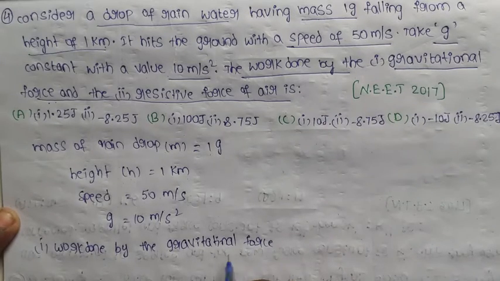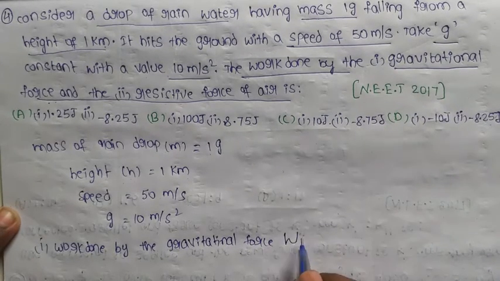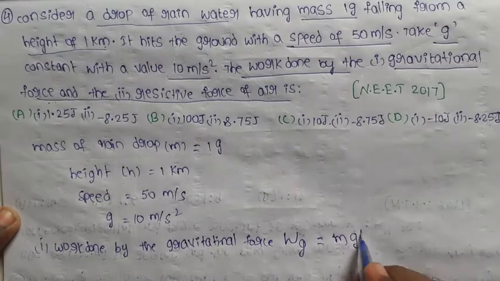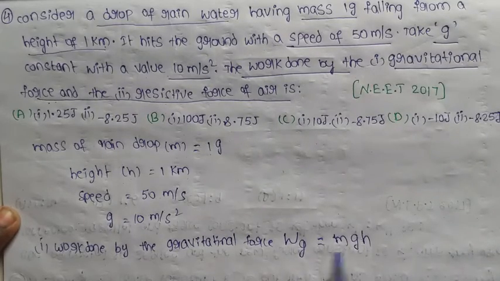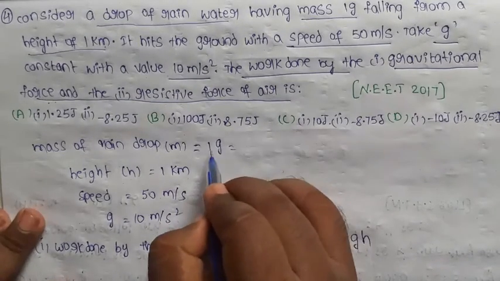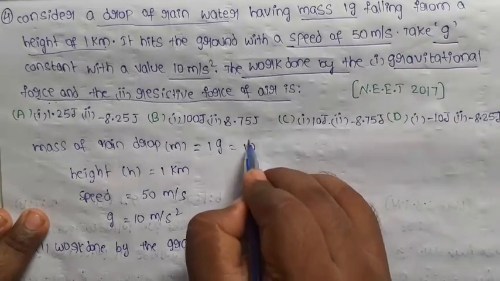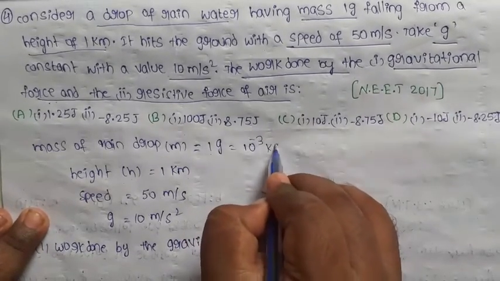I am taking the work done by the gravitational force as Wg, and its formula is the potential energy mgh. For the mass, I am converting 1 gram into kg, so 10 to the power of minus 3 kg.